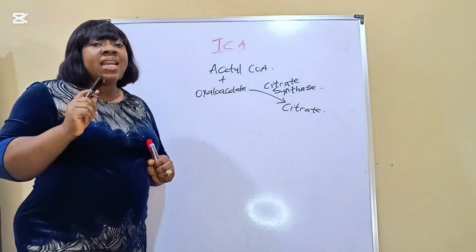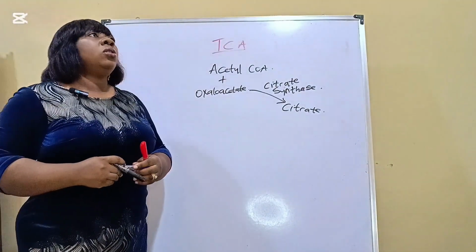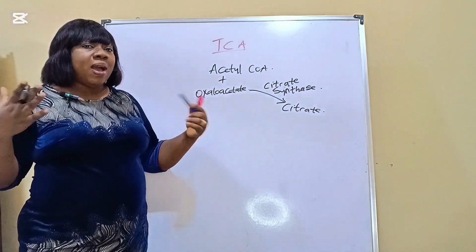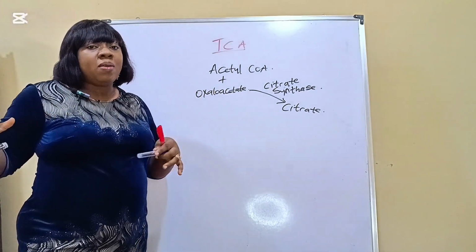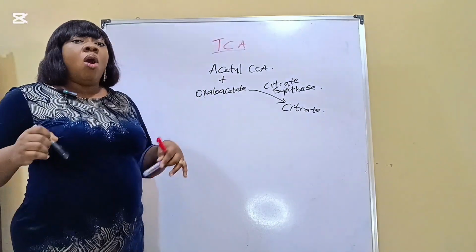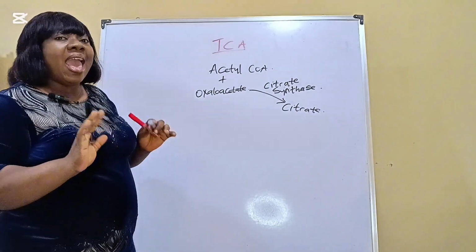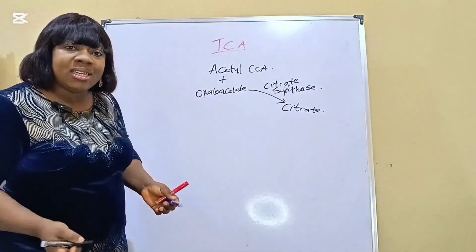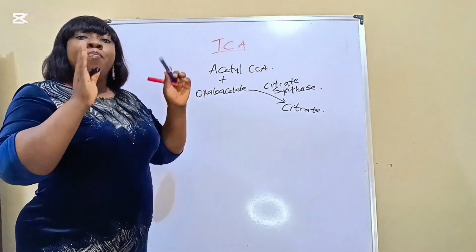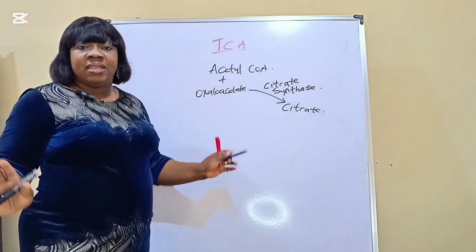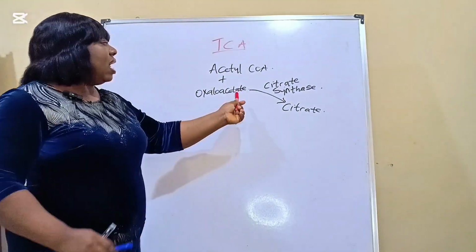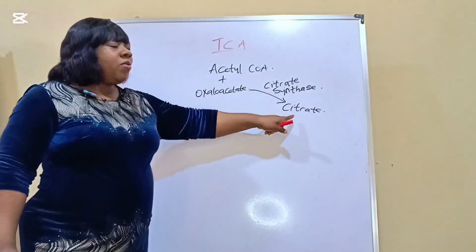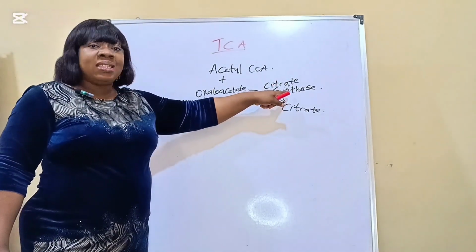Remember that we said when we were talking about the different metabolic pathways in biochemistry, all these reactions are catalyzed by enzymes. So every reaction that occurs in biochemistry is mainly catalyzed by enzymes. The enzyme that catalyzes this reaction to give us citrate is citrate synthase.